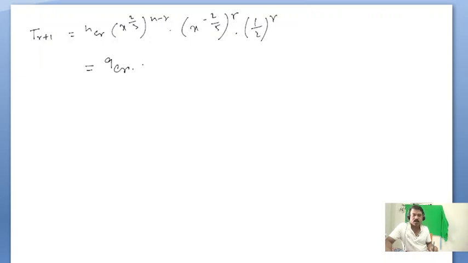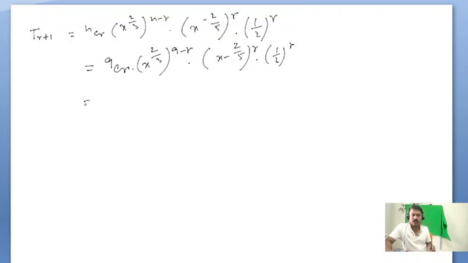into (x to the power 2/3) to the power 9 minus r into (x to the power minus 2 by 5) whole to the power r into (half) to the power r. Okay.